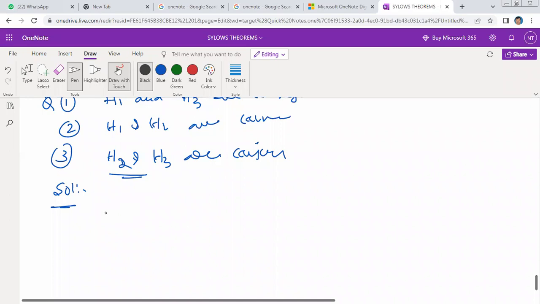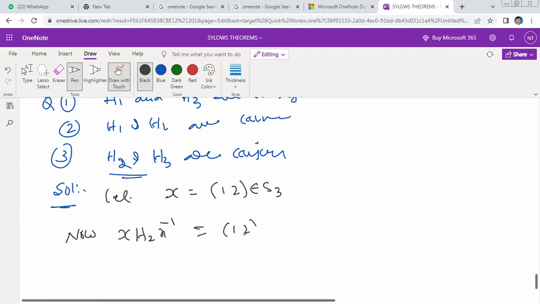By definition, I take any element x in G. Suppose I take the element (1 2), which belongs to S3. Now x H2 x inverse, where x is (1 2).